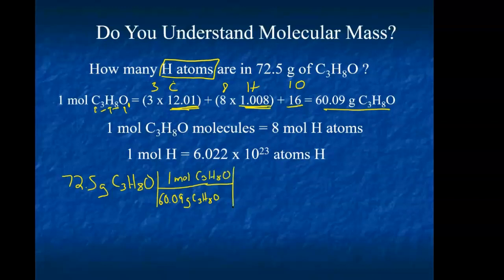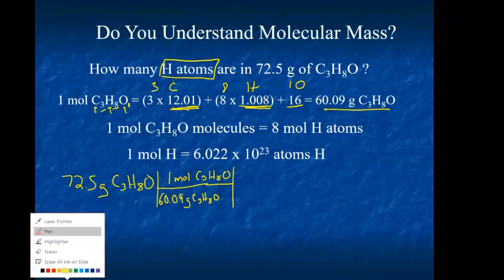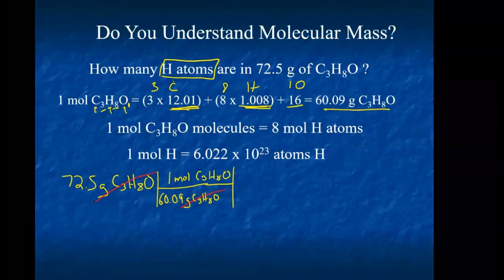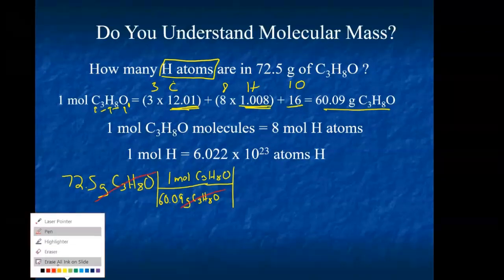I know it is so annoying to write that whole thing, but it's very important. So if we look at our units now, this one crosses off, this one crosses off.